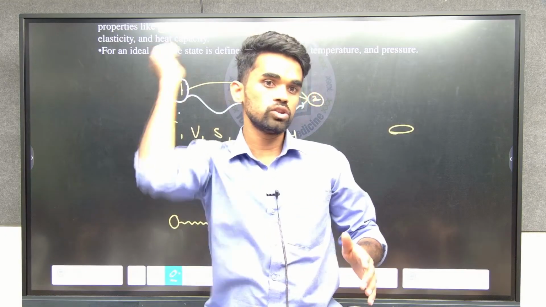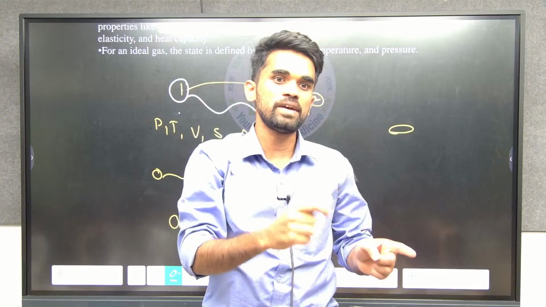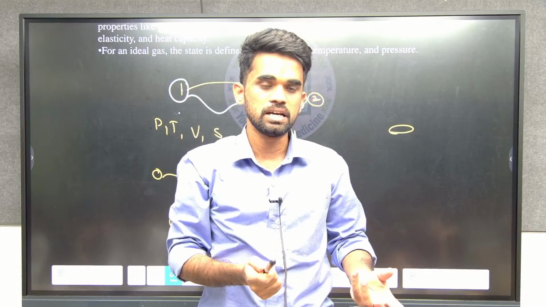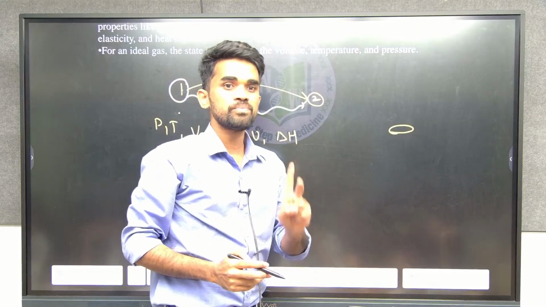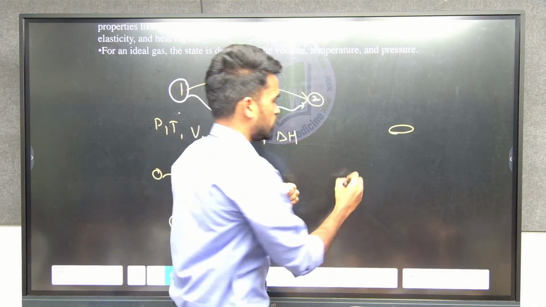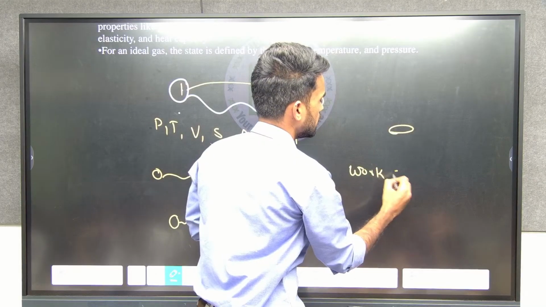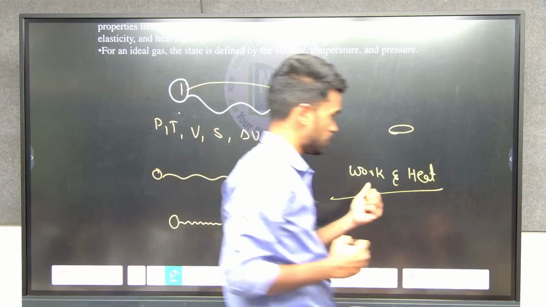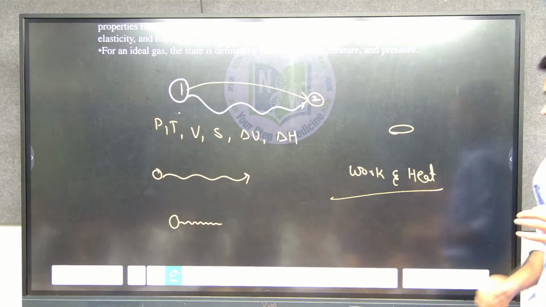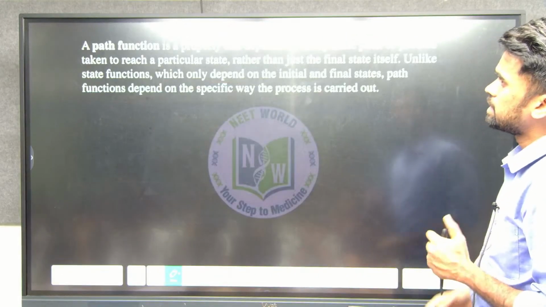The one going by the steps. So the path defines his amount of heat released or work done. So what are the two examples of path functions? Work and heat. You just remember these terms. Okay, so that's it.